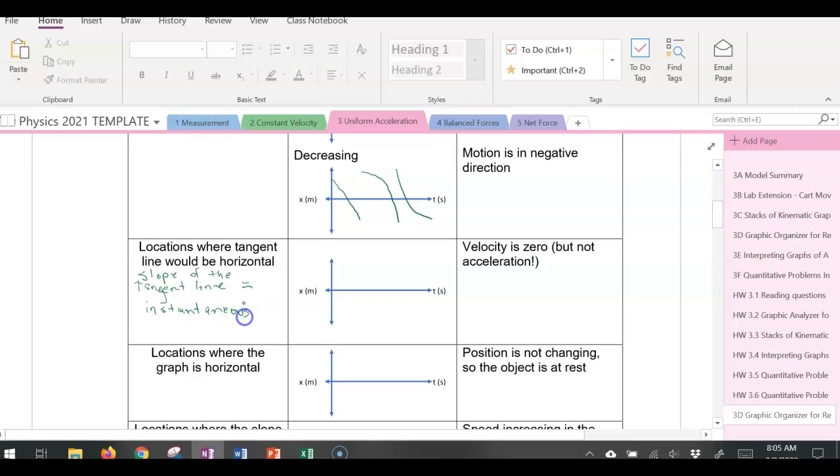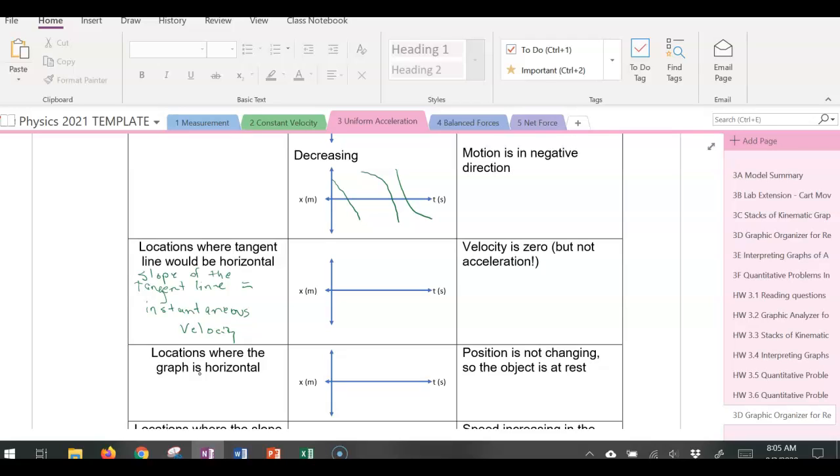At that point in time, where the tangent line is touching our graph, it's showing us what the instantaneous velocity is at that time.